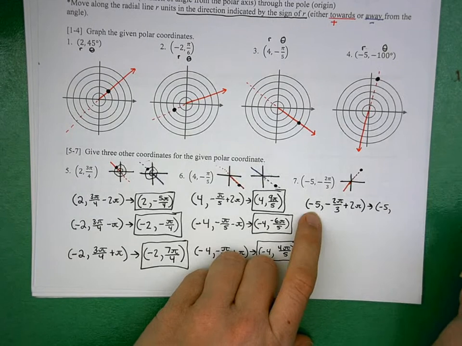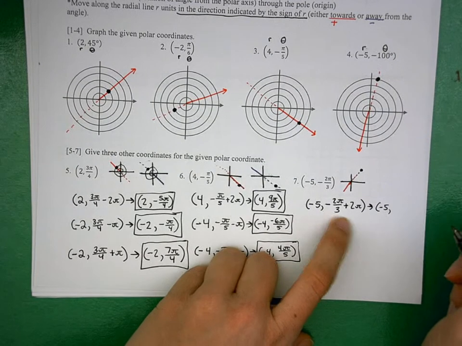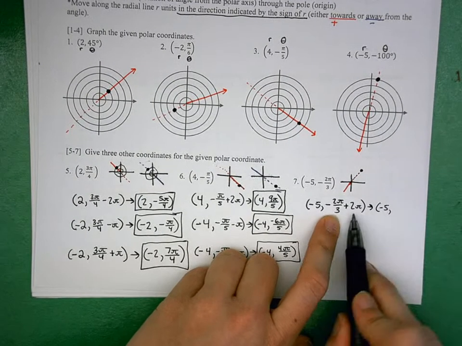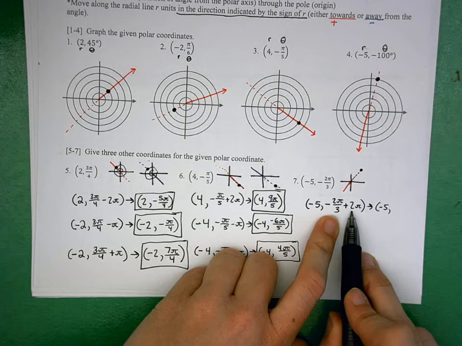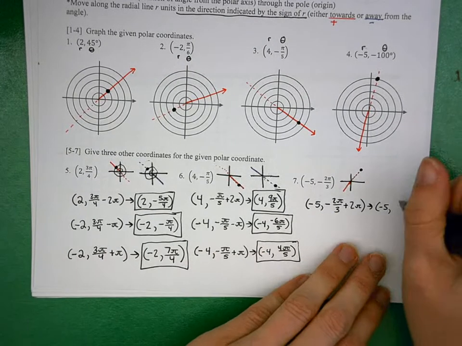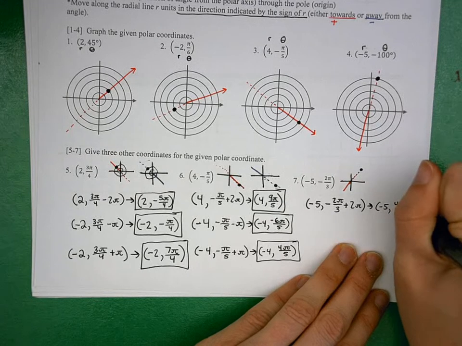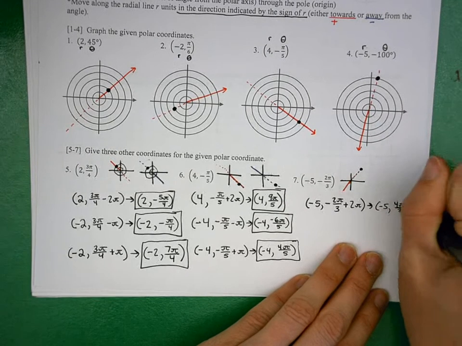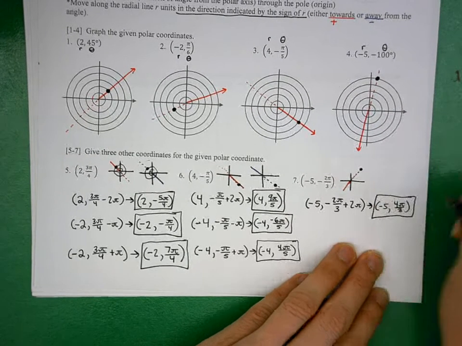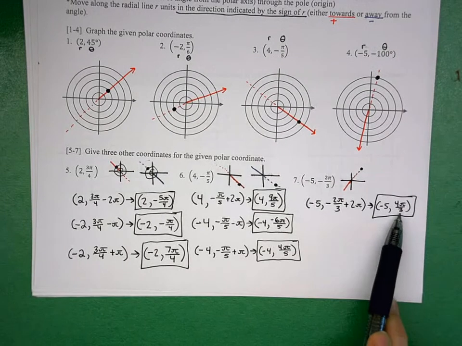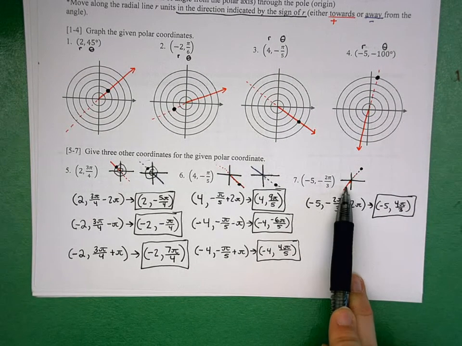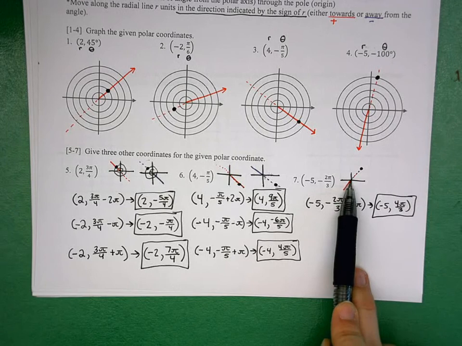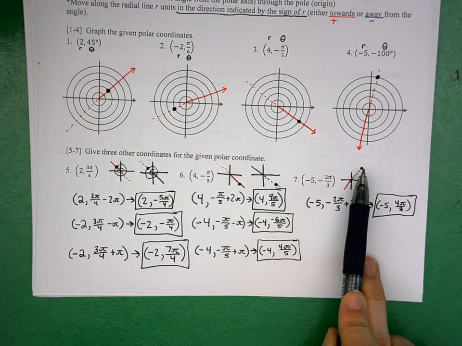Negative 2 pi over 3 plus 2 pi is negative 2 pi over 3 plus 6 pi over 3, common denominator, which is 4 pi over 3. Checking that coordinate point, 4 pi over 3 rotation puts us in the third quadrant. Negative 5, opposite from that angle, 5 out, same coordinate point.